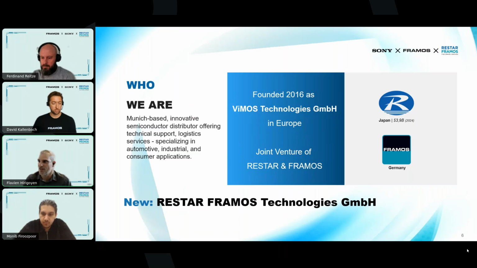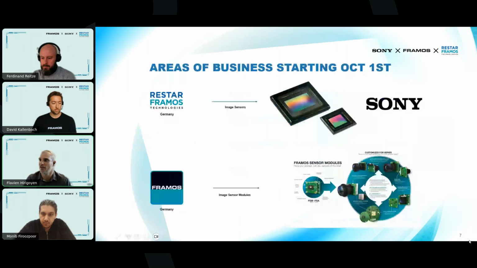And since last October, we are now taking in hand the distribution of Sony image sensors on the Framos side. We are also working in collaboration with Framos in order to propose some modules through the nice ecosystem of Framos, within their specific small form factor of module.